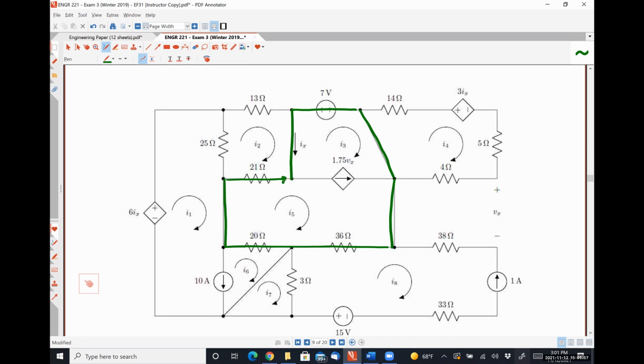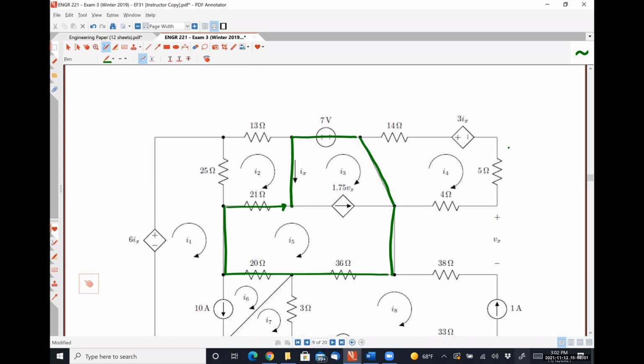So I'm going to make this so that I can see the positive polarity terminal and the negative polarity terminal, because that will be helpful. If I start here and follow this path around its clockwise loop, I would have 7 volts.